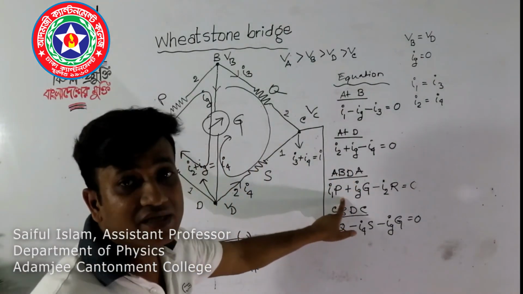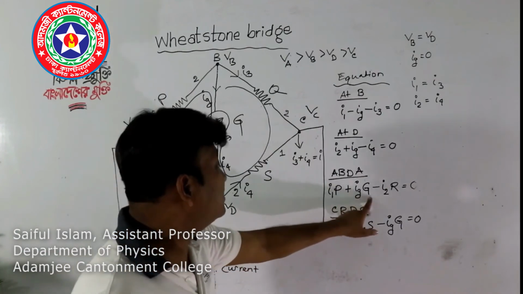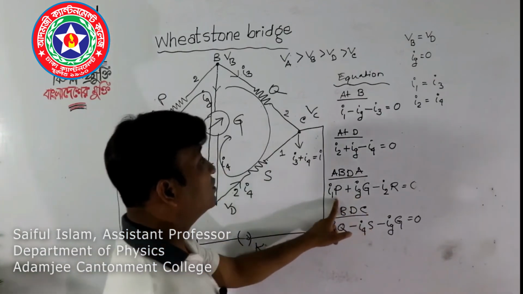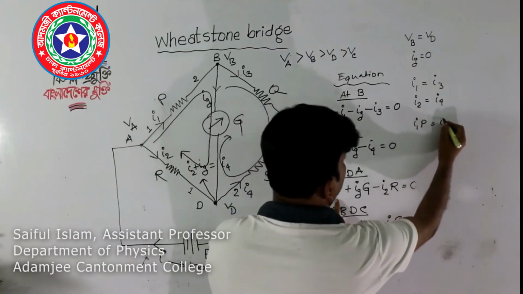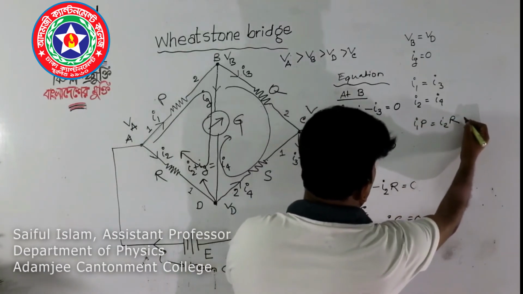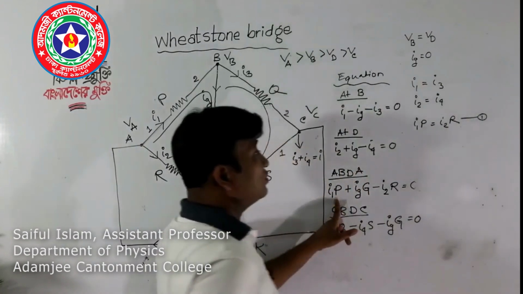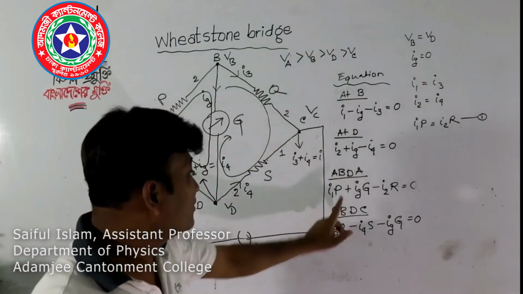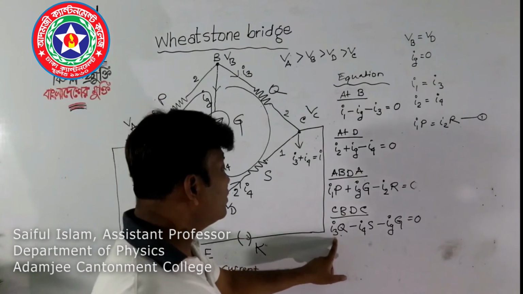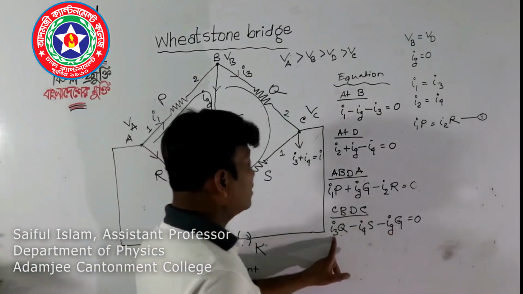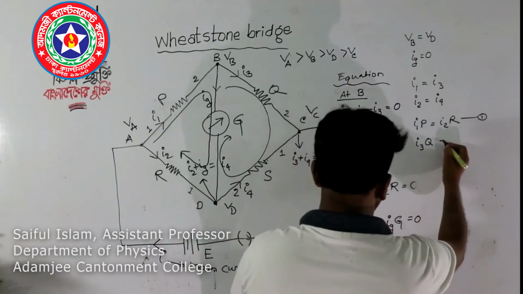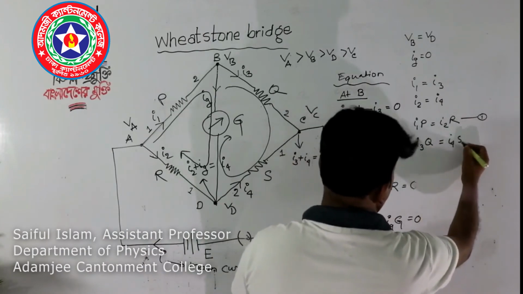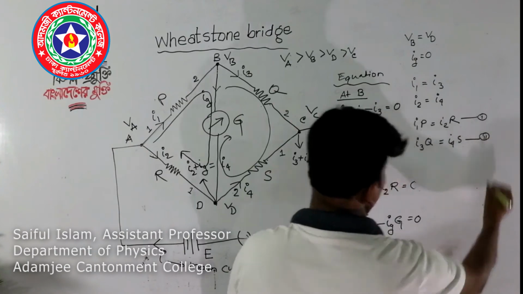Next, from this equation, as Ig is 0, we can write I1P equals I2R. Suppose this is equation 1. Next, from this equation, as Ig is 0, we can write I3Q equals I4S. Let this be equation 2.